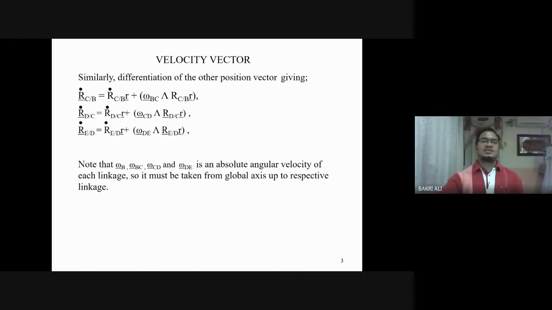And this omega is an absolute angular velocity. I will show how we can get omega_B, omega_BC, omega_CD, omega_DE, and so on.